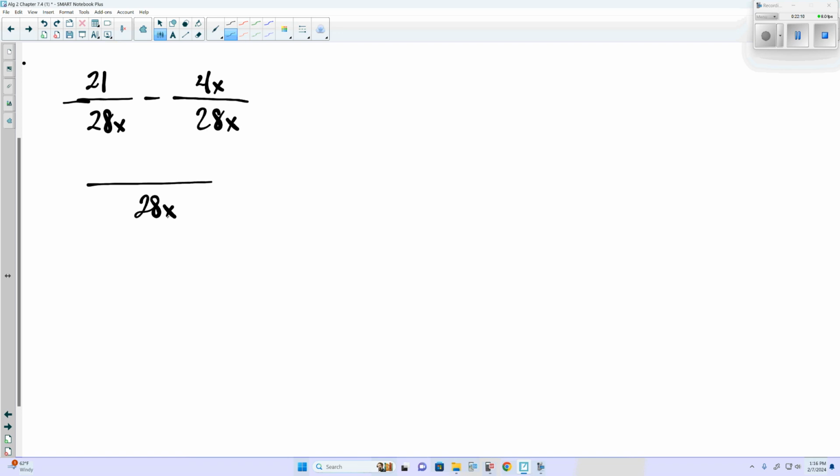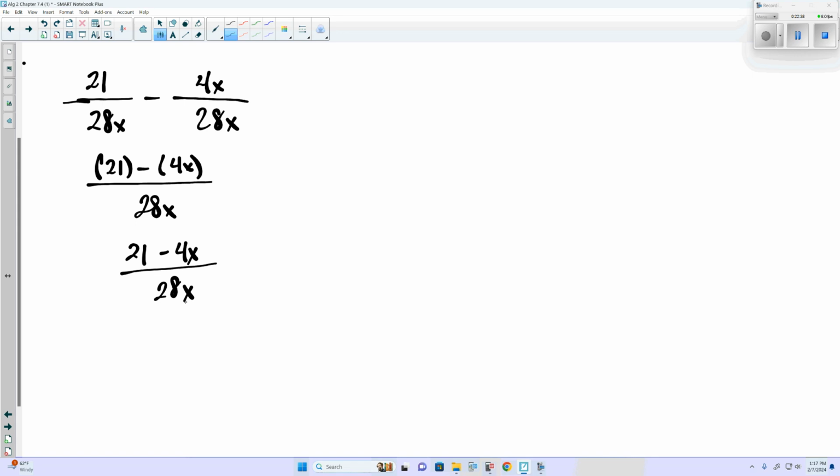Now with this subtraction problem, parentheses don't add a whole lot. I'm going to put the parentheses around both. The 21 is just going to be 21 because there's not a negative sign in front of it. But we will change the sign to 4x because we're subtracting it.